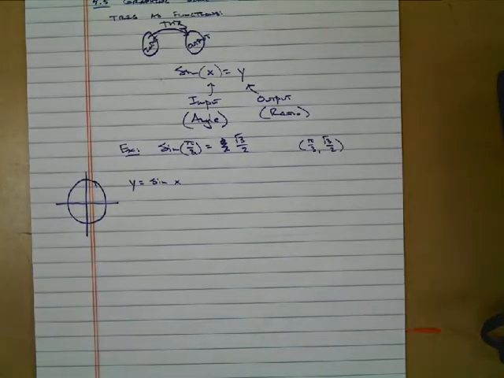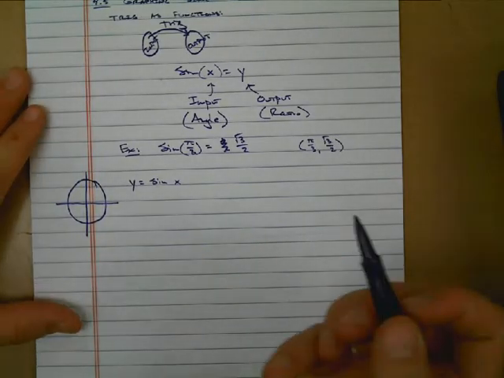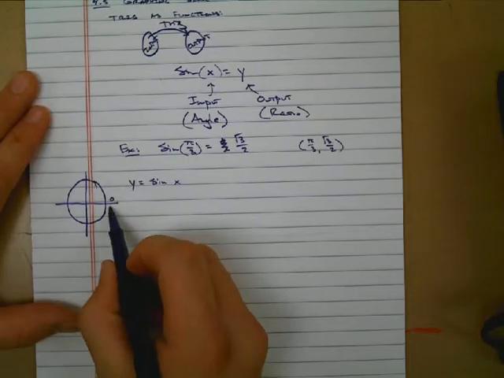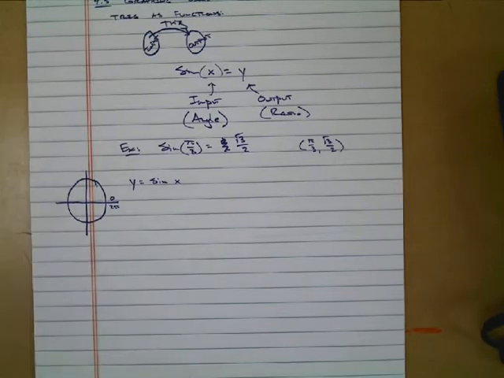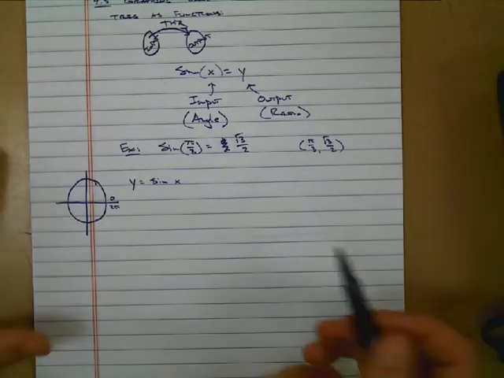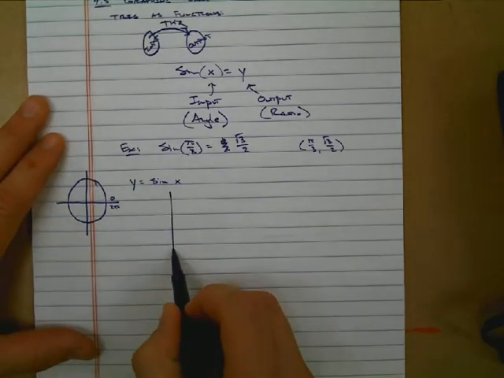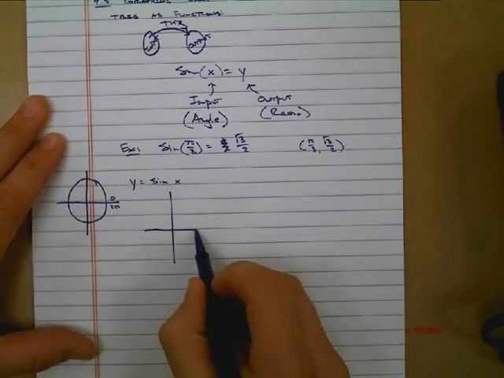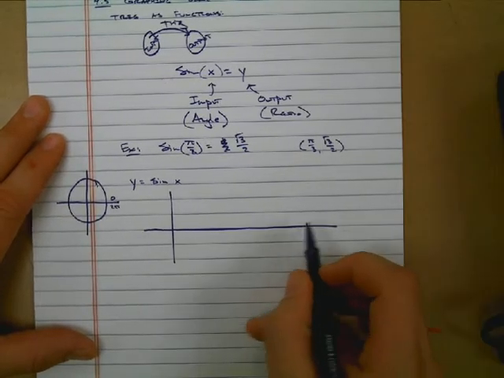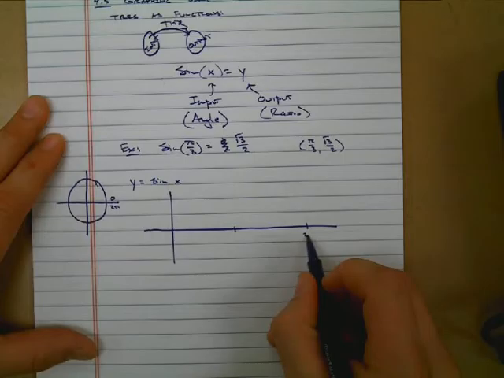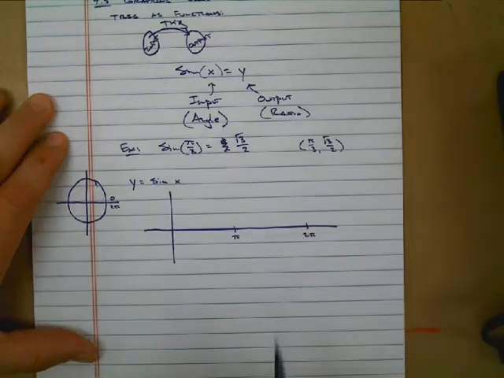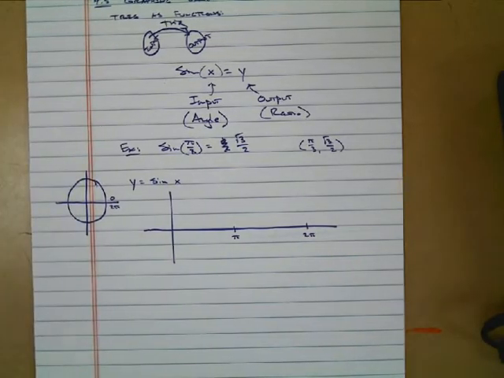So, first and foremost, the unit circle gives us the values for any number of rotations, any direction. We're going to focus from 0 to 2 pi. So we're going to create our graph just from 0 to 2 pi first, and then we'll talk about how we can use that to create the rest of the coordinate plane, or the rest of the graph of y equals sine of x.